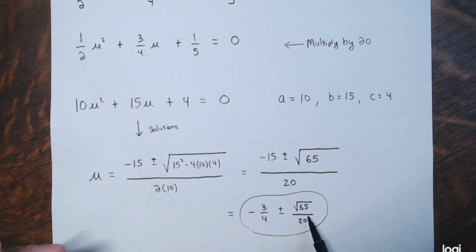Now both are real, there's no imaginary in this. We have negative 3/4 plus 1/20 of the square root of 65, and negative 3/4 minus 1/20 of the square root of 65. And that's it. Those are what I'll enter.